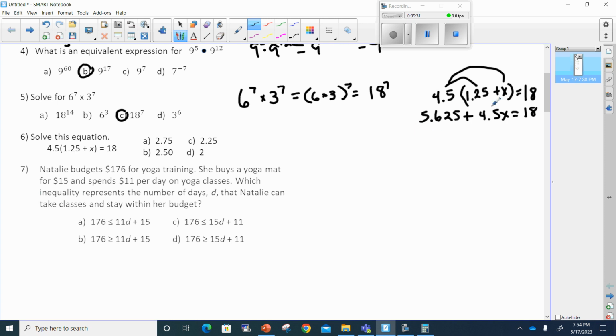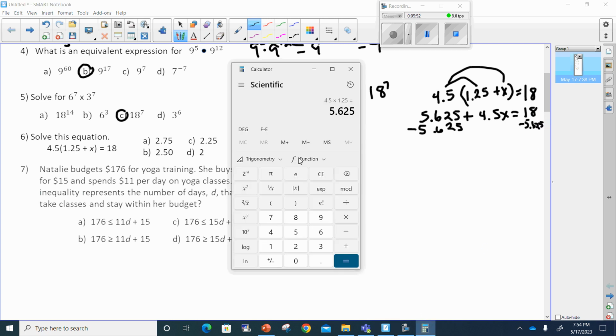I've got to combine my like terms, whether I want to believe it or not. This is a like term with 18 because they don't have x at the end. So I'll be subtracting 5.625 from both sides. Let's do 18 minus 5.625. That's going to equal 12.375.